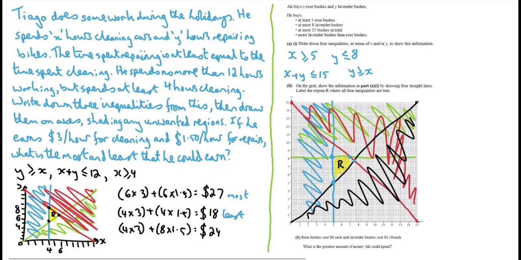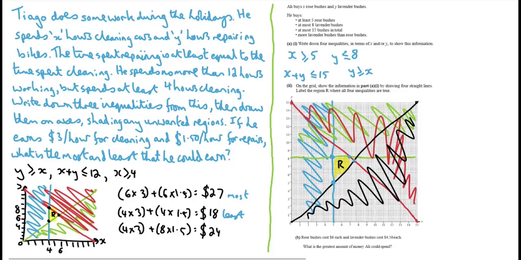Now then, if rose bushes cost $6 each and lavenders cost $4.50 each, we'll be doing 6 times whatever the x value is, and 4.5 times whatever the y value is. Now, it would seem if we're trying to get the greatest amount, we'd look maybe at the one that's furthest to the right, because that's going to be the greatest in the x direction.